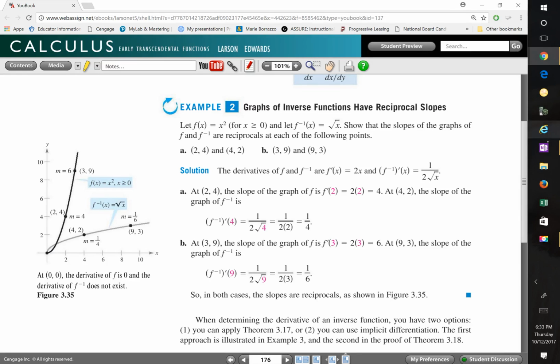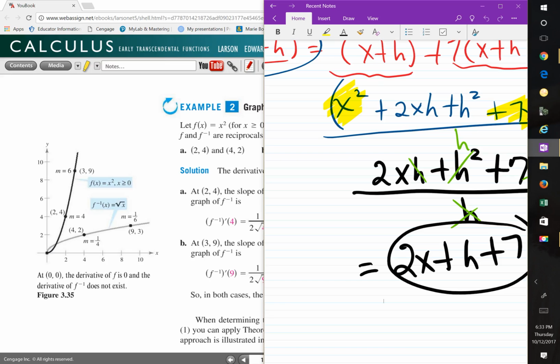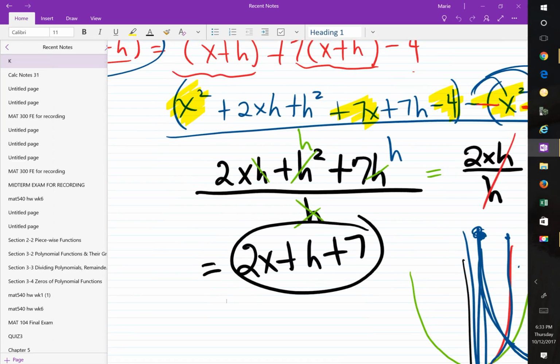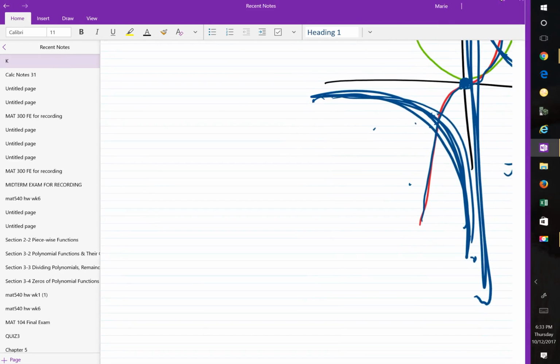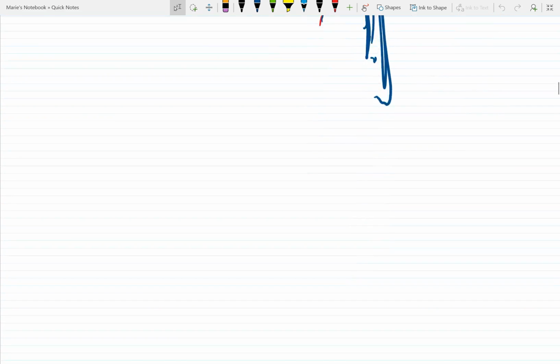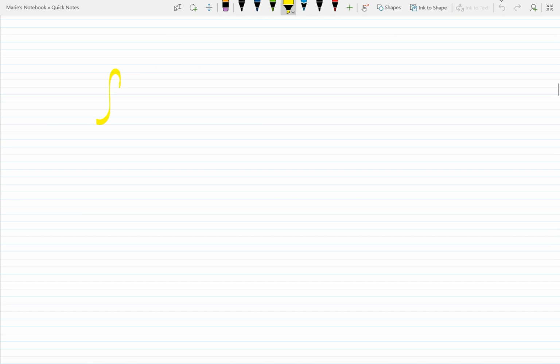So if I work this out on paper here again with you, let's come over here. I'm looking specifically at, we're starting with f of x as x squared.